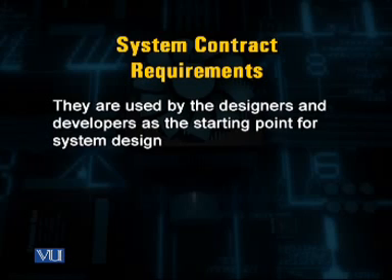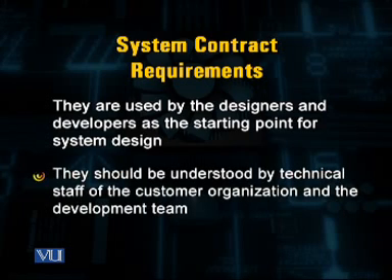As you can see, these contract or system requirements are basically the starting aspects of the architecture of the software product that one is building. And they should be understood by the technical staff of the customer organization as well.